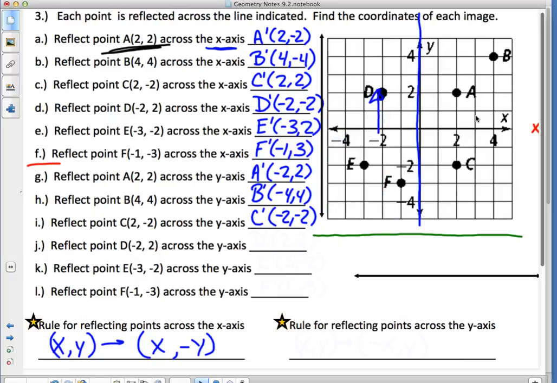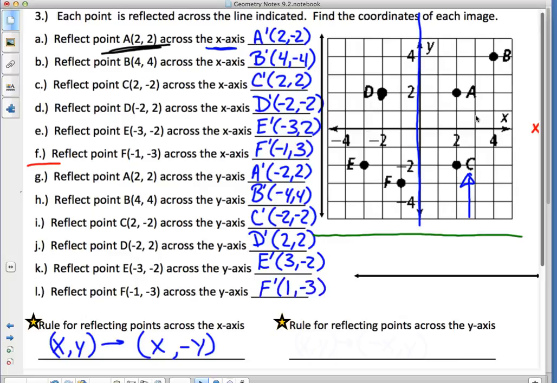At D, I've got negative 2, 2, and it's going to go across here to 2, 2. At E, it's negative 3, negative 2, excuse me, and it's going to come across here at positive 3, negative 2. And then my last one is positive 1, negative 3.